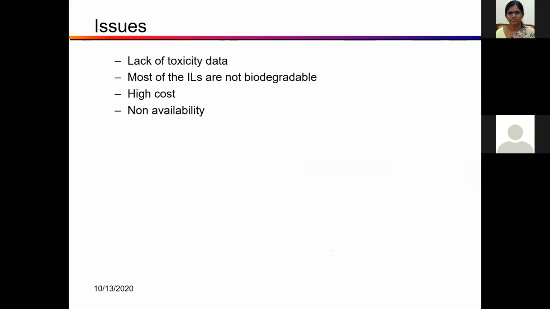Because of the cations and anions, you can put them together by a synthesis reaction and develop them. Most of the ionic liquids are synthesized in organic synthesis reactions, and have been used by the scientists. So the first problem with the ionic liquid is lack of availability.